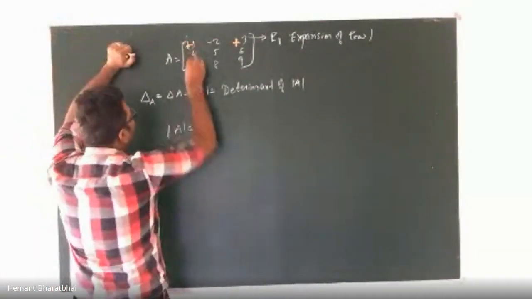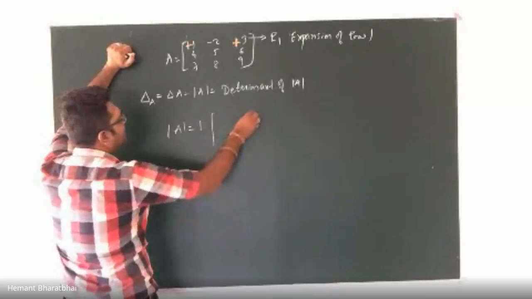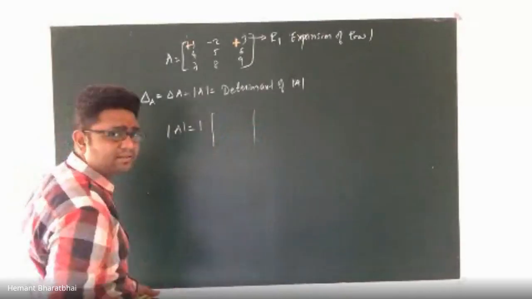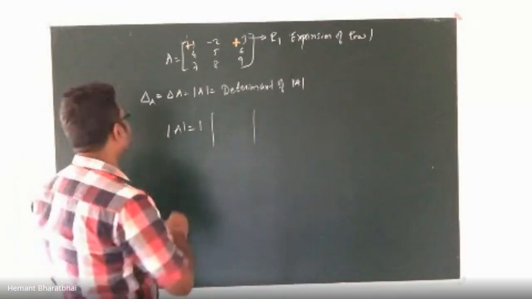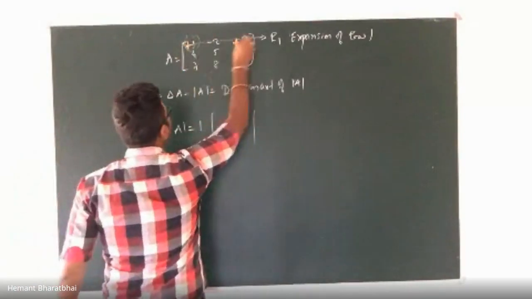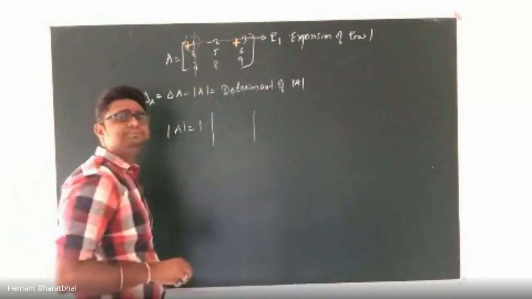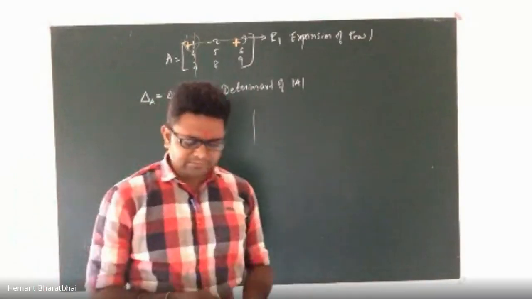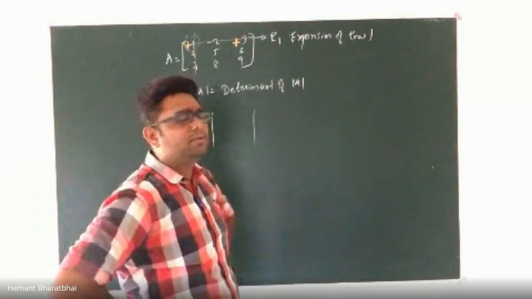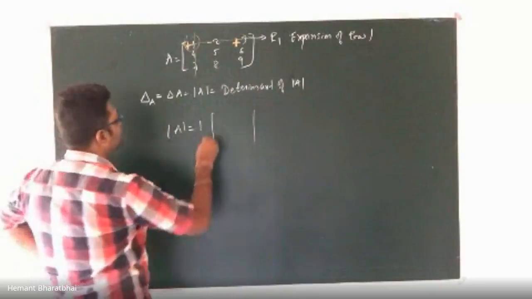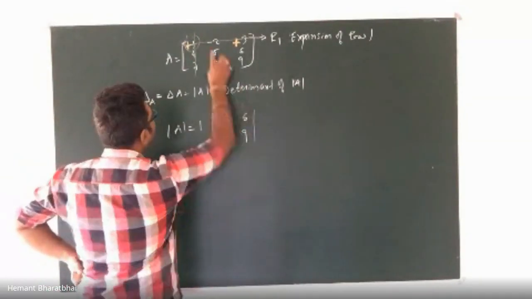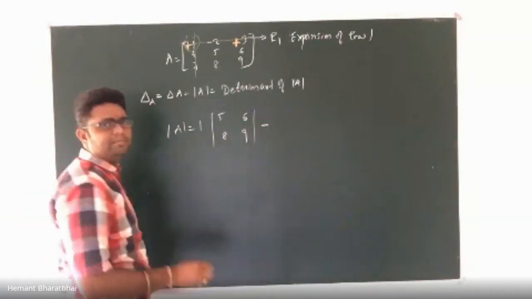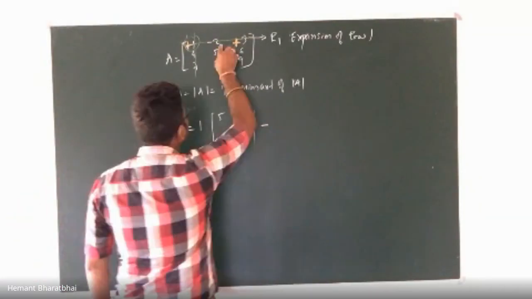The first element I write is 1, and then I select the element. This element lies in the first row and first column, so I cancel the first row and first column, and write whichever elements are left. So this is 5, 6, 8, and 9. Then the minus sign, since the middle element should be given minus.